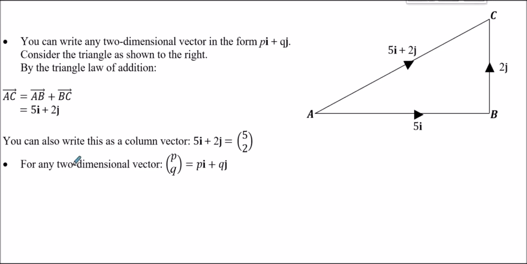Generally speaking, for any 2-dimensional vector, the column vector (p, q) means p units in the positive x direction plus q units in the positive y direction. (p, q) equals pi plus q lots of j.